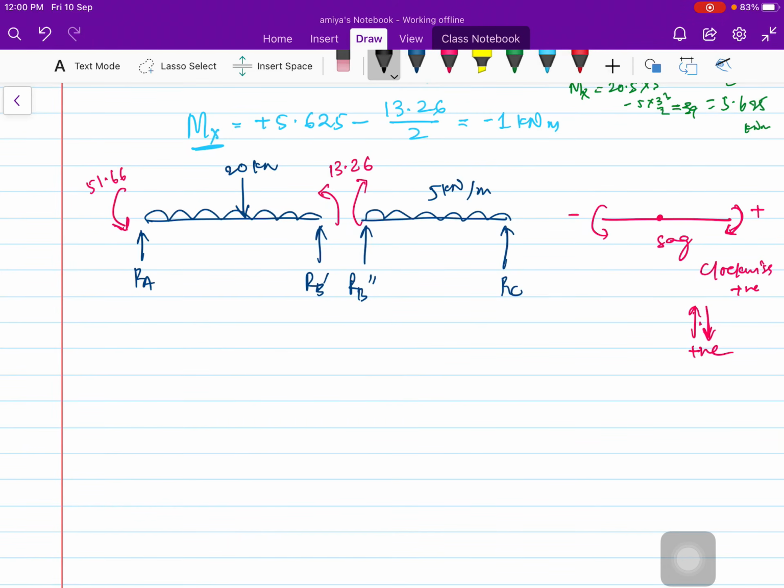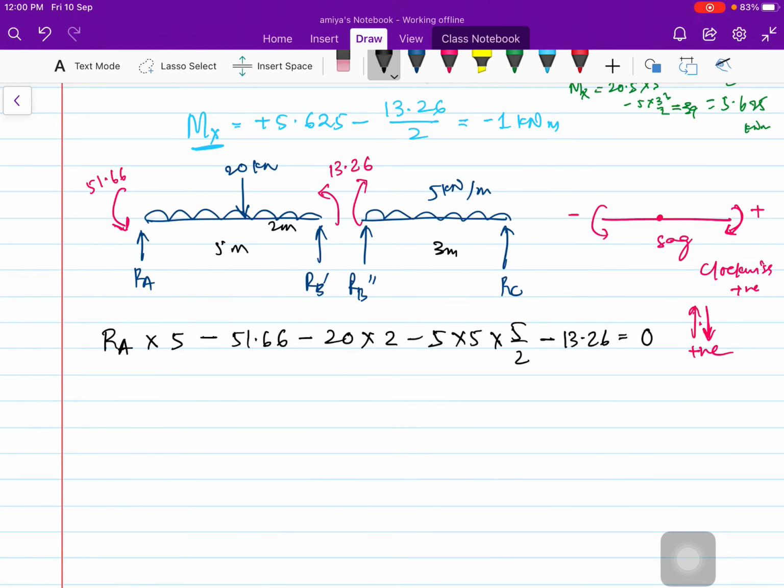So calculating the reaction RA, I can write RA multiplied by 5, because this is a 5 meter span, minus 51.66, minus the load which is at a distance of 2 meters from B, so multiplied by 2, minus UDL 5 into 5 by 2, minus 13.26, the moment at B, is equal to 0.